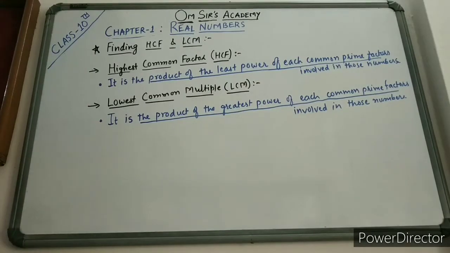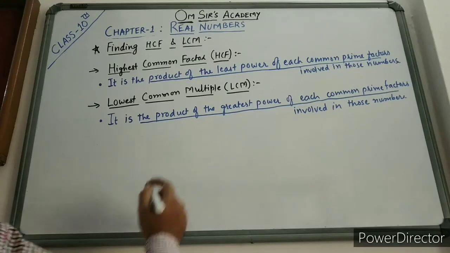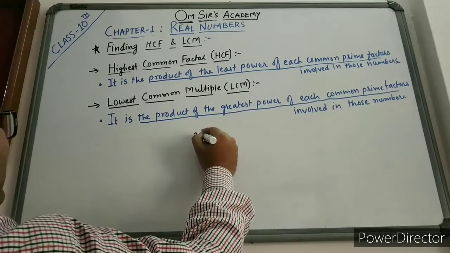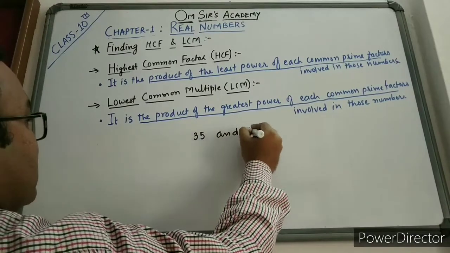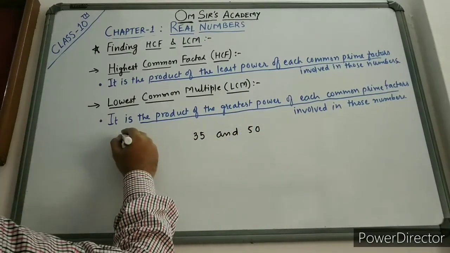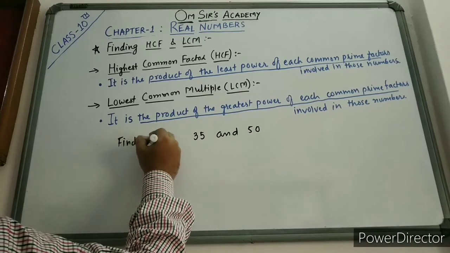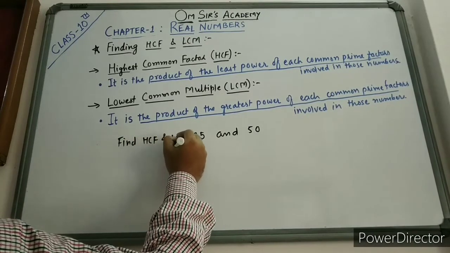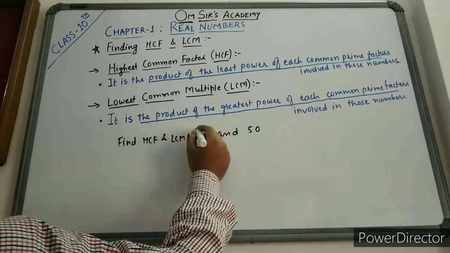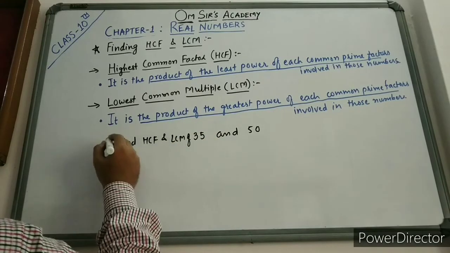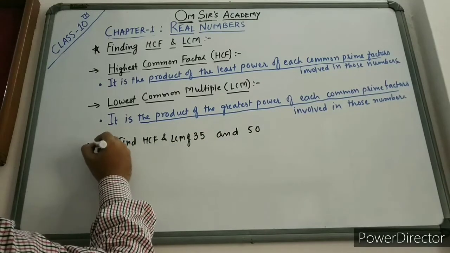So if we are asked to find the HCF and LCM of any two numbers, say 35 and 50, this is just an example.